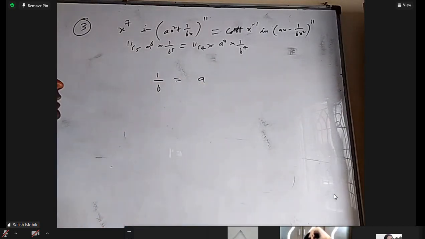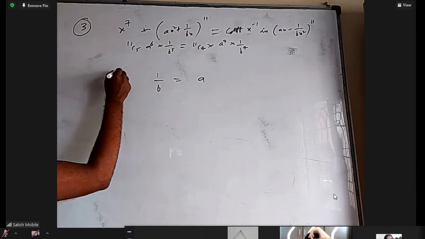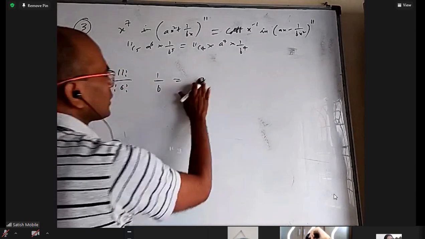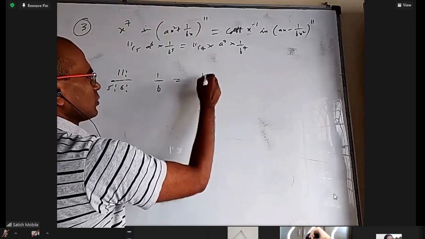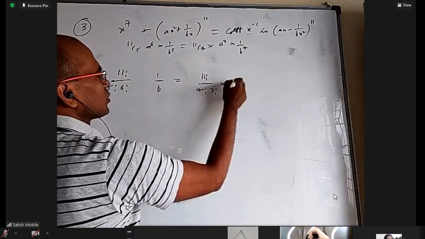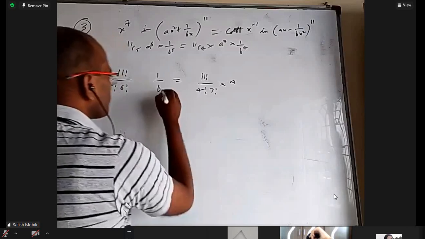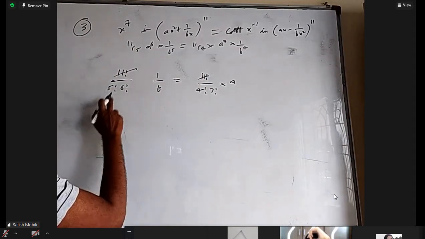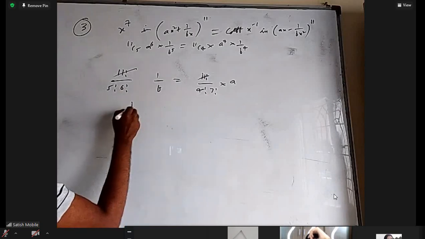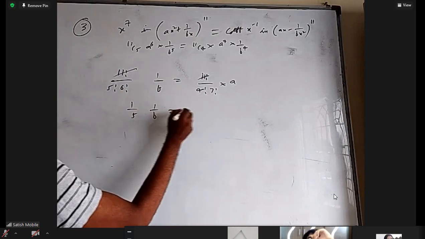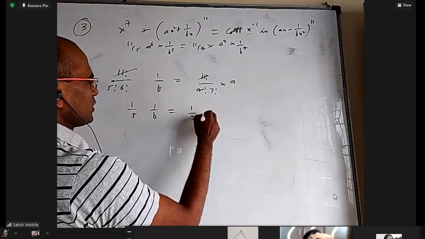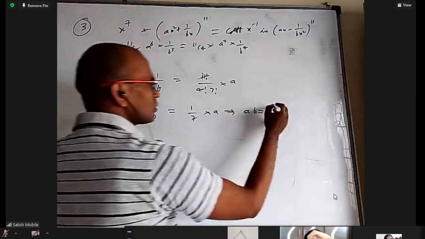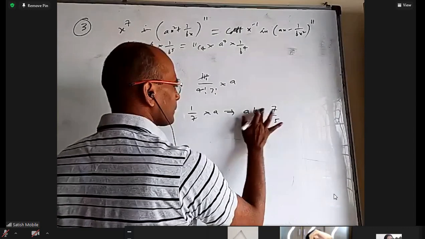11C5 versus 11C4. You can write 11 factorial by 5 factorial, 6 factorial here, and here 11 factorial by 4 factorial, 7 factorial. Yeah, 11 factorial cancels. Out of 5 and 4 here, 5 will be left. Out of 6 and 7 here, 7 will be left. So here 1 by 5 into 1 by 6, here 1 by 7 into 1 by 4. So that will give me AB is equal to 7 by 5.